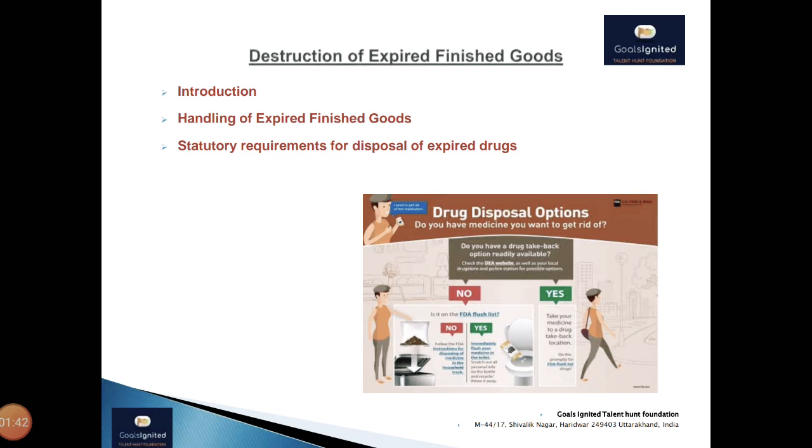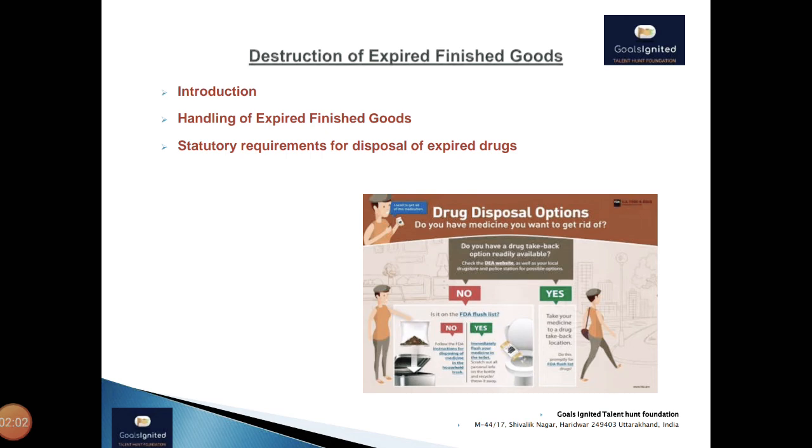If you send it back to the manufacturer, then you should provide it to the shop where you purchased it. Okay, so this is the actual requirement for the drug disposal system.